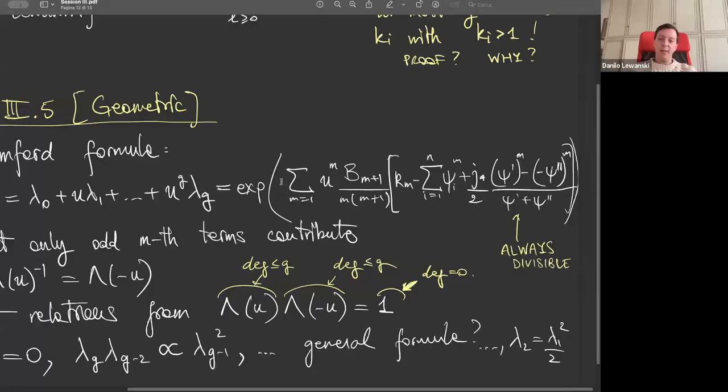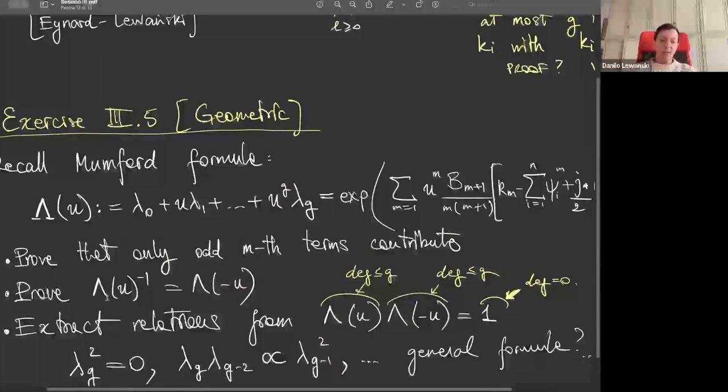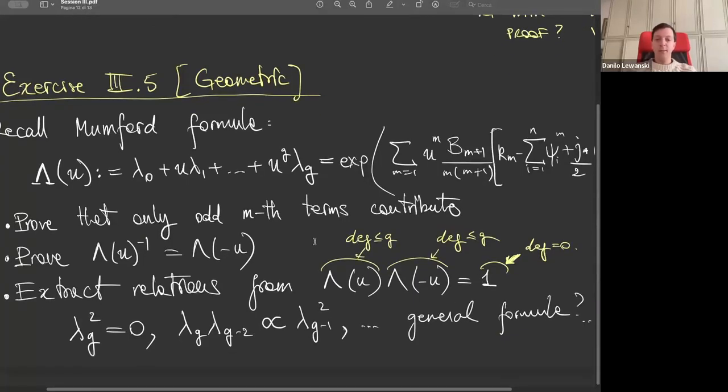So this minus sign that you added to invert it, you can bring it inside the u variable and send u to minus u, just because this power m is always odd. So now you can recast the inverse of lambda of u in terms of lambda of minus u. So now you know that lambda of minus u times lambda of u is equal to 1, and by 1 I mean the fundamental class, which is just this guy here. And this is extremely special because, well, think about it.